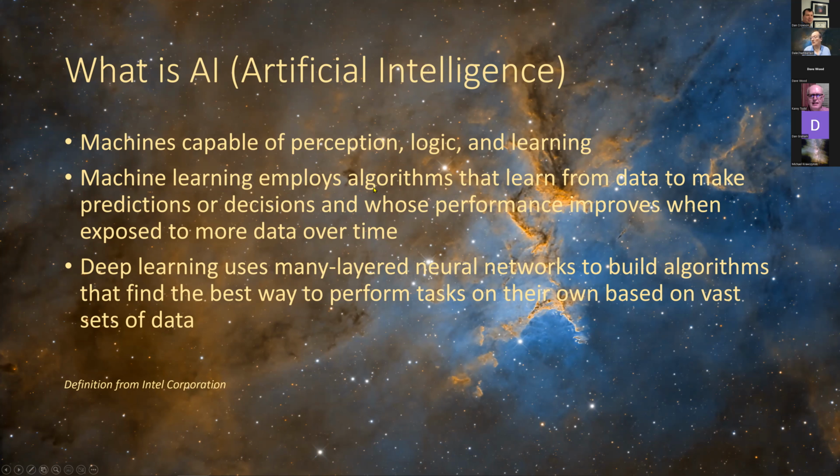Machine learning employs algorithms that learn from the data to make predictions or decisions, and whose performance improves when exposed to more data over time. And that is probably the keystone right there for AI. No matter what you look at, and in particular with the tools that Russ Kroman has come up with, it's been about developing these algorithms that are derived from data.